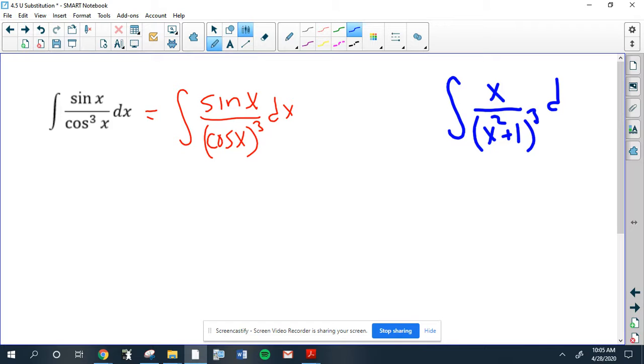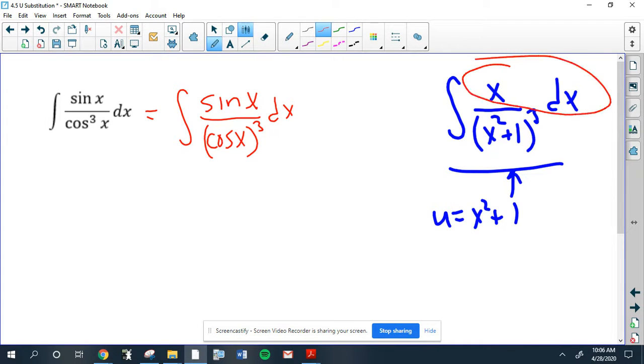So just for comparison purposes, if you saw this, I think your first guess would be, let's let u be x squared plus 1. And du, just think about it. I'm not going to write it down. Du is going to be 2x dx. 2x dx. That's a good indication that this is going to be a great substitution.